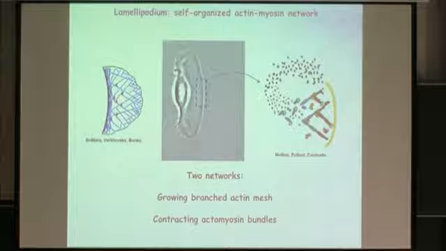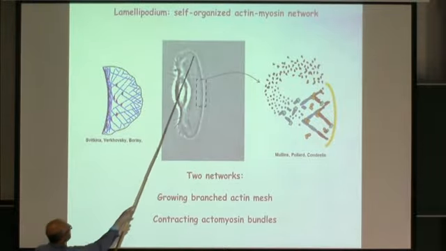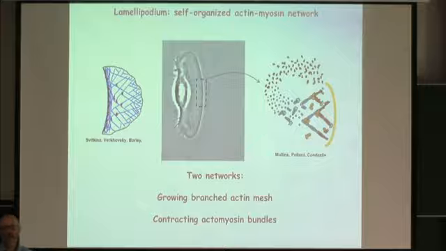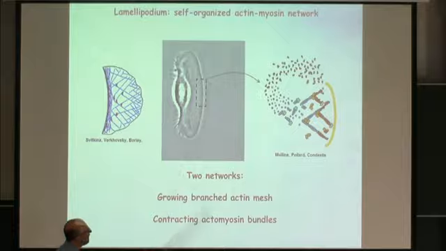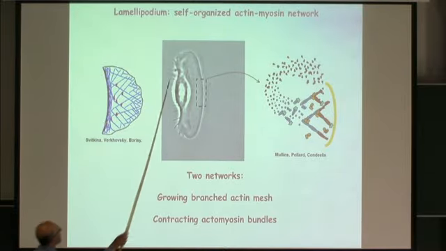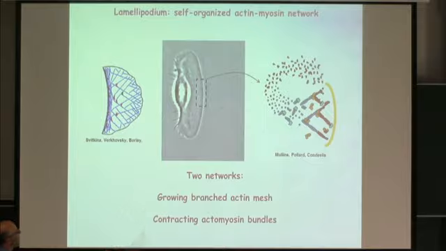The idea is basically as follows. At the leading edge of the lamellipodium, an actin network assembles. This network is very dense, highly cross-linked and branched, and mechanically it's relatively firm and stiff. And also there's a very firm adhesion at the front to the substratum.